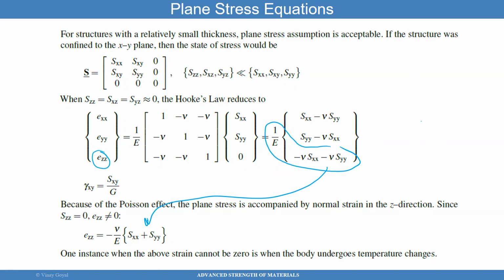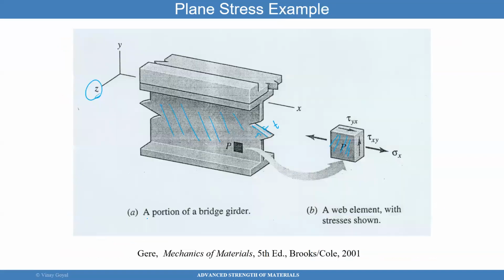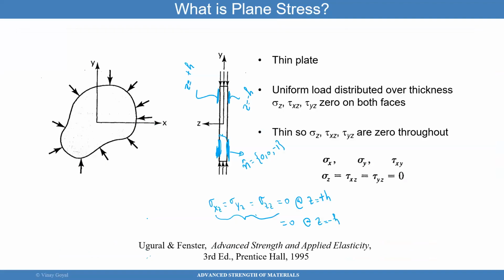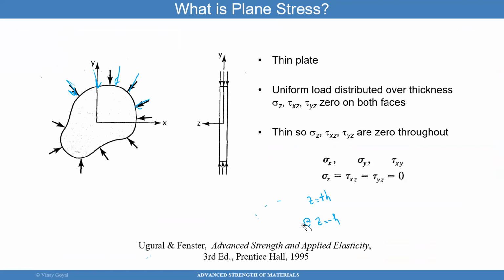So if I have any loading condition within the xy plane, you will have a strain in the z direction. So let's look at this example. If I apply loads that compress this material, I do expect the thickness of this plate to change. So let's try to understand physically what we are talking about there. I want to make sure that's clear.